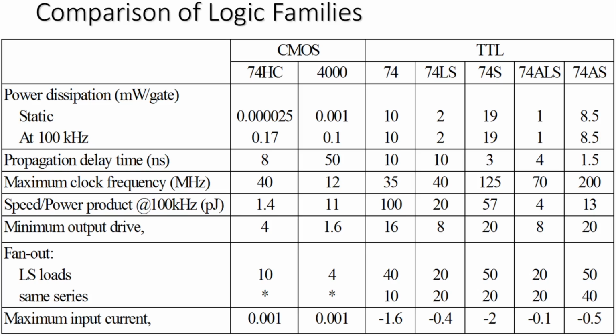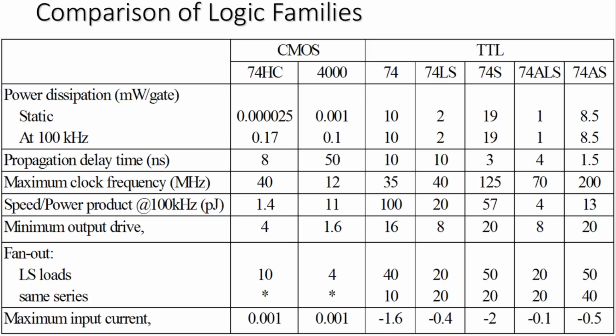And here these are the different series of CMOS, that is 74HC and 4000, and after that there are the different series of TTL, that is 74, 74LS, 74S, 74ALS and 74AS.